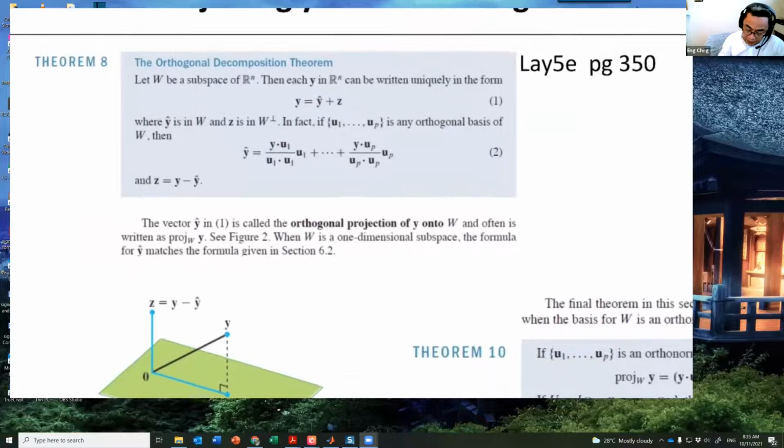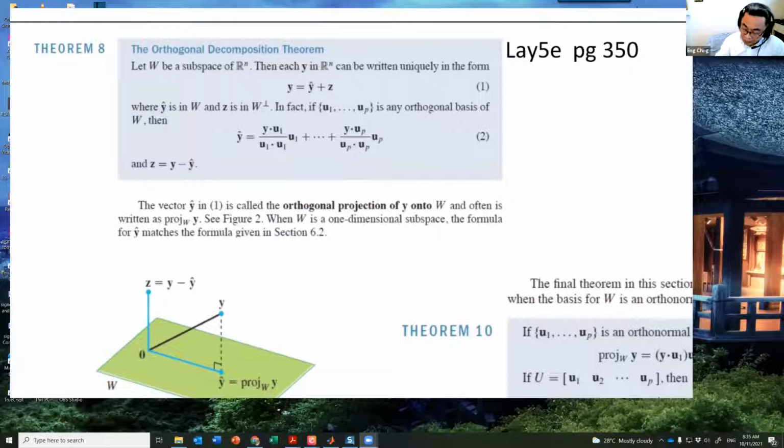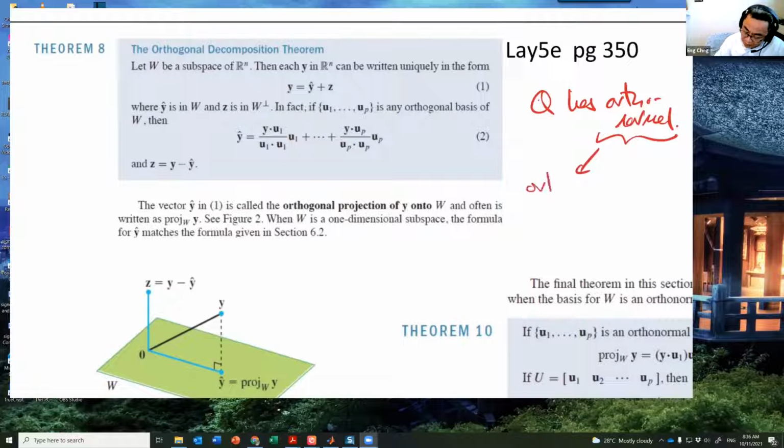To understand why I want to do Q and R, remember Q has orthonormal columns. What does orthonormal mean? It means the columns are orthogonal and their length equals 1. So orthonormal is a stricter version of orthogonal.